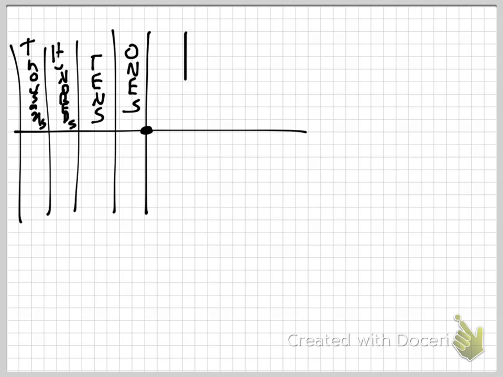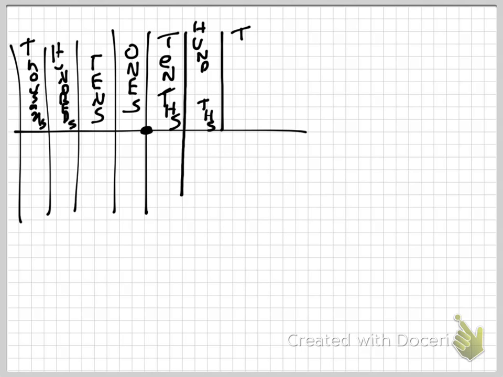What goes next after the ones place, after the decimal? Is it the oneths? Is there a place value called the oneths? No. Everything mirrors the other side except there's no oneths. We start now going with the tenths, hundredths, thousandths, 10,000ths, 100,000ths, millionths, right?